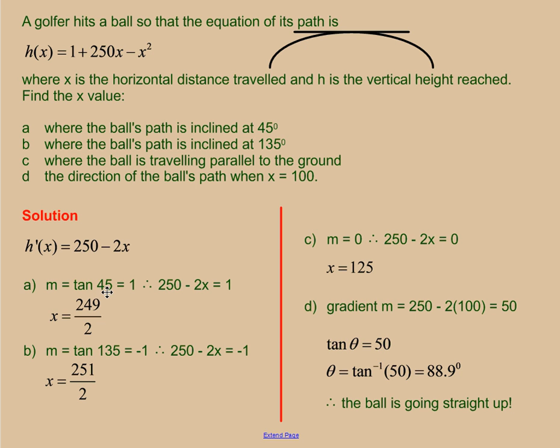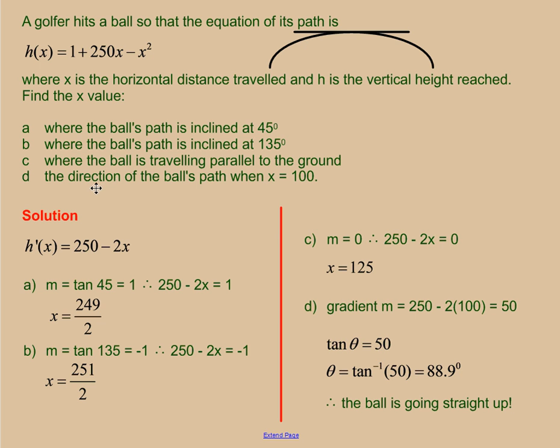So in the first instance, for an angle of 45 is at the point 249 over 2, and when it's negative 1, it's 251 over 2. So both points are very close together. So it's very close to the top of the path, and of course it's travelling horizontally when the gradient's 0, which is at 125. We haven't got any units there, so it could be meters. So all 3 points are very close.